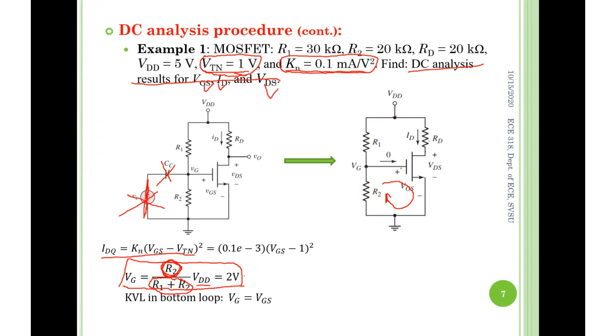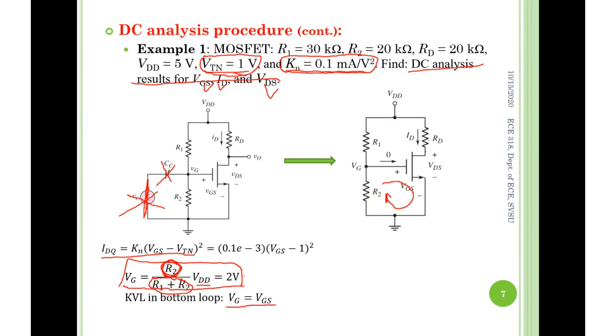Remember what I said? We never study VDG. Okay, I mentioned this last lecture. We never study VDG. We're looking for the VGS loop, so containing VGS. How to write this KVL? In this KVL, very straightforward.